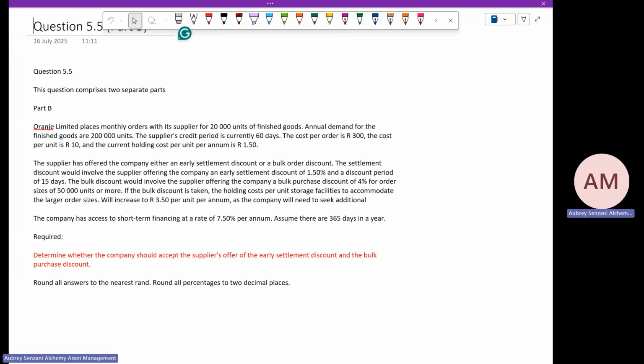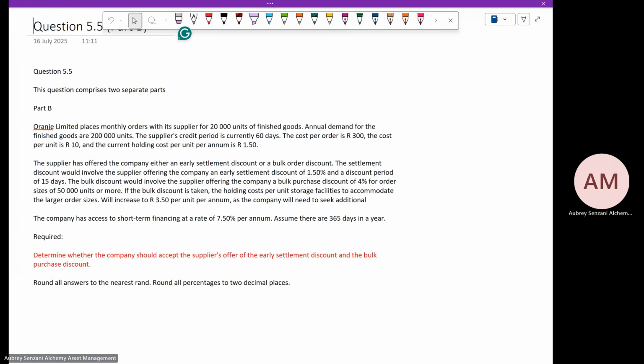So here, what are they saying? Determine whether the company should accept the supplier's offer of the early settlement discount and the bulk purchase discount. Round all answers to the nearest rand. Round all percentages to 2 decimal places.